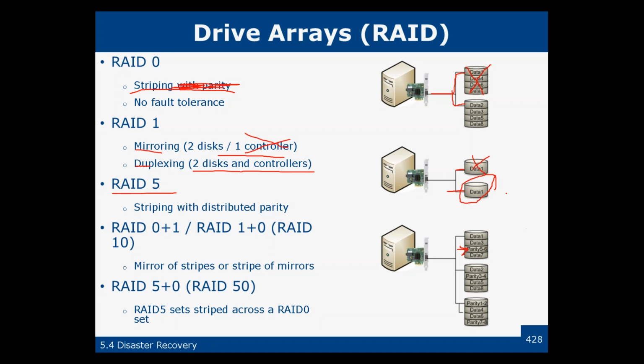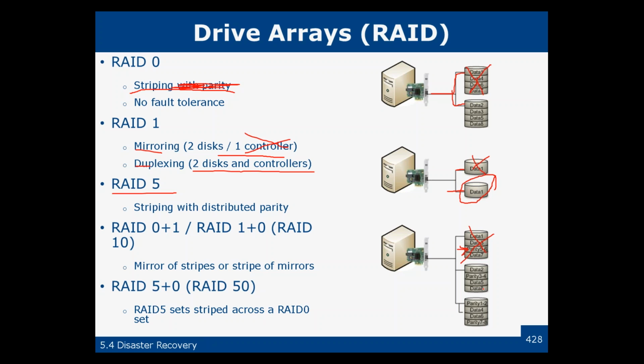If one disk goes down, we can continue running until we can replace it and rebuild the RAID array. The parity stripes that are stored elsewhere are going to let us recreate the data. If you have a failure in RAID 5, it's probably going to be slower.